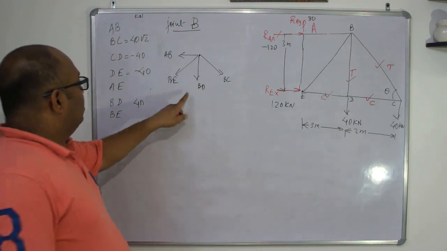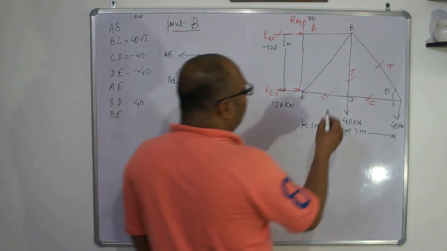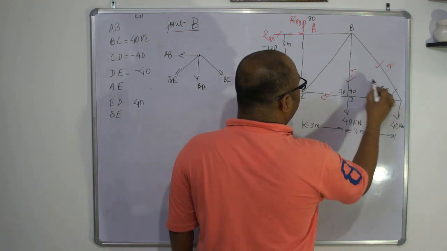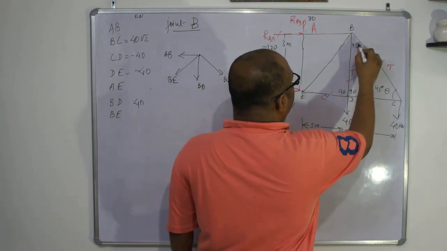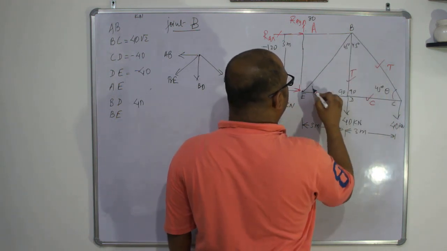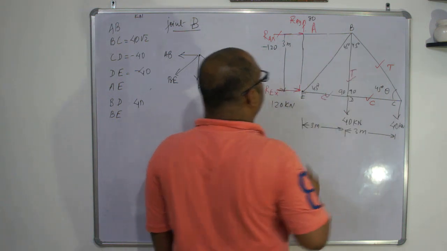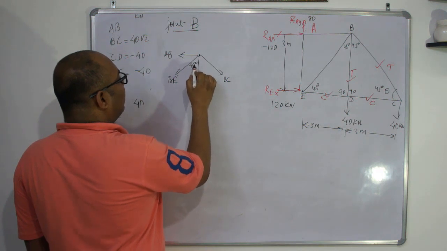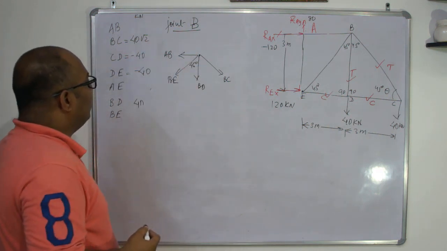After doing this, you have to also find the angle. This is 90 degree, this is 90 degree, this is 45 degree. And therefore this also will be 45, this is also 45, this is also 45. So you can write any of the angles as 45 degree, either of the two.